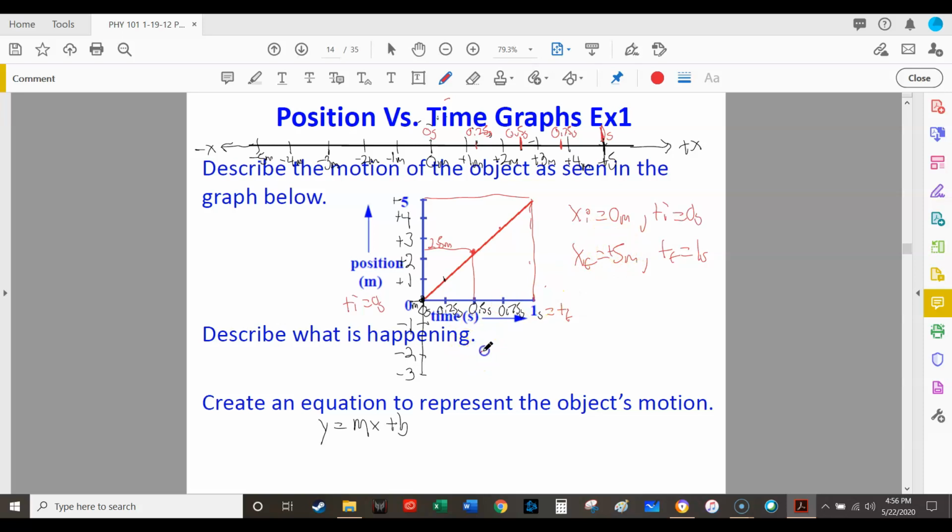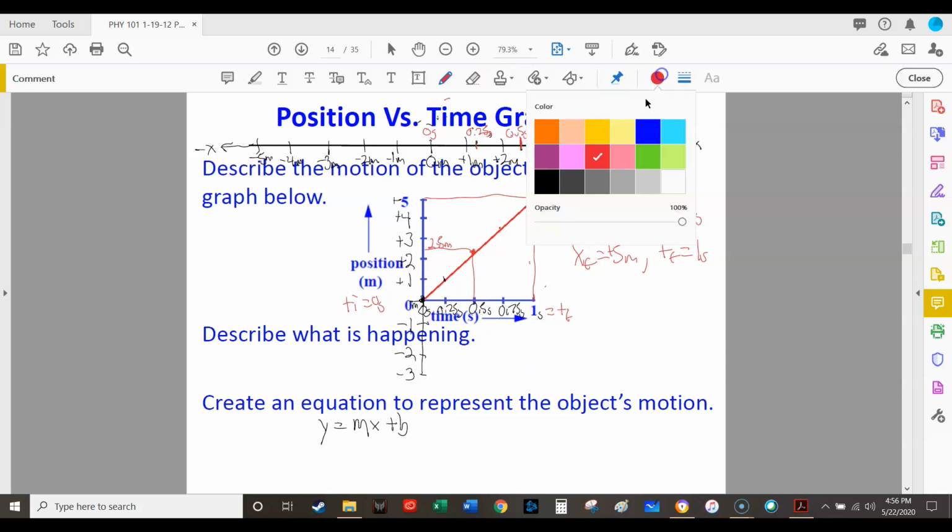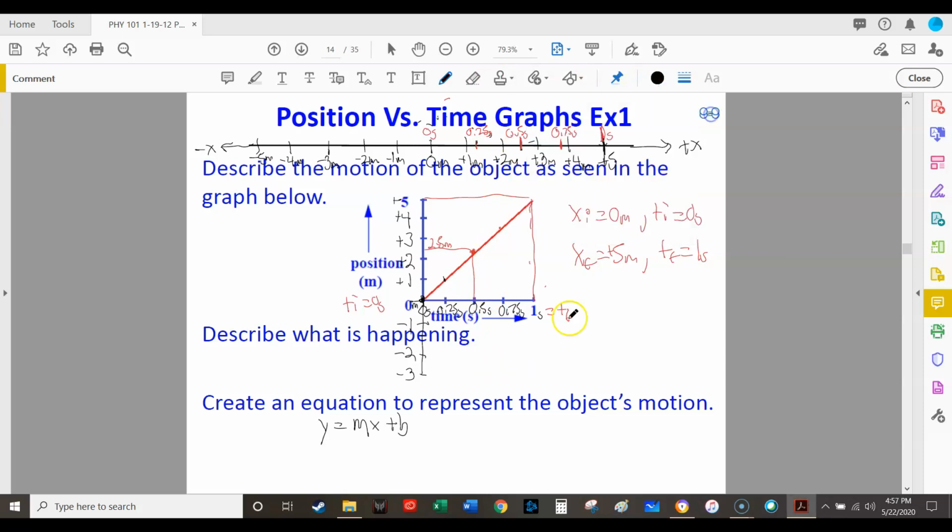So its total displacement now is going to be, and I should use a black pen again, total displacement is going to be x final minus x initial.